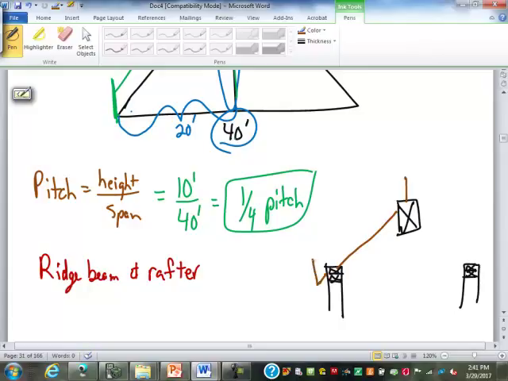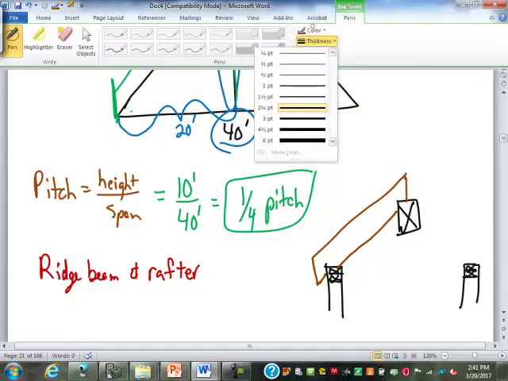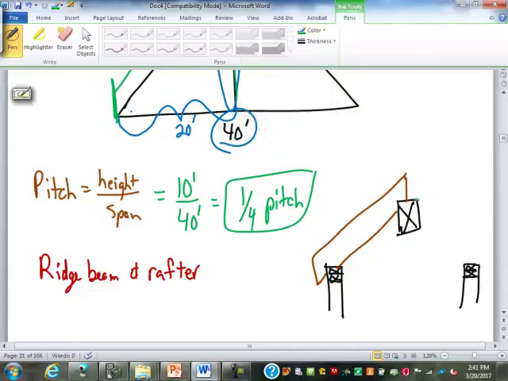Like that. Well, the height of that ridge beam above the top of the walls here, that height tells us how steep the roof's going to be. And what the pitch is doing is determining how high that beam needs to be.